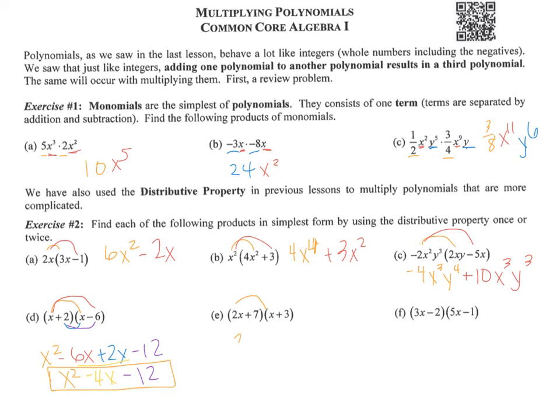2x times x is 2x squared. 2x times 3 is 6x. 7 times x is 7x. 7 times 3 is 21.